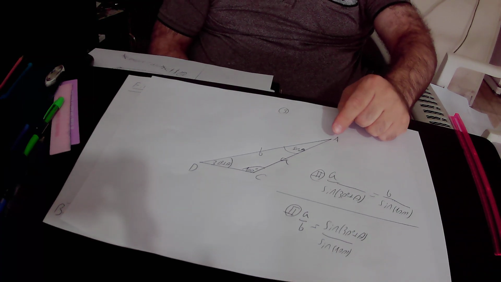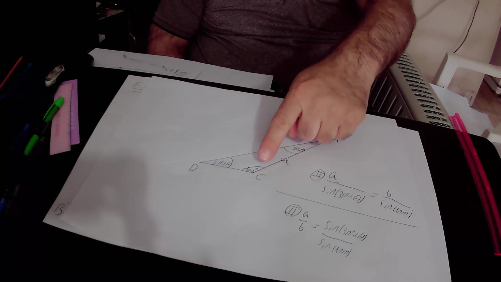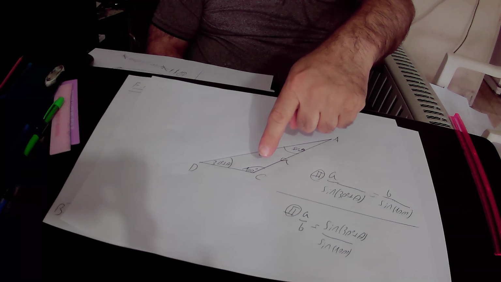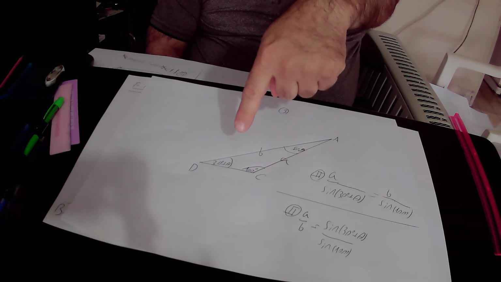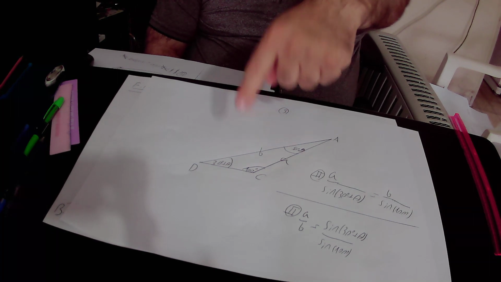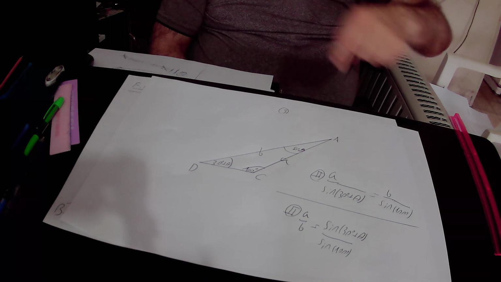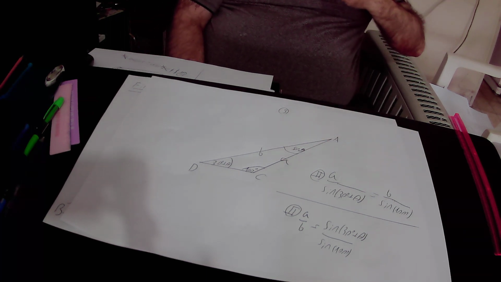We know that angle DAC equals 50 degrees minus theta. This angle is 100 degrees, it is given in the question, and we just found that angle ADC, the angle that we are looking for, equals 30 degrees plus theta. AC equals A units according to our definition.